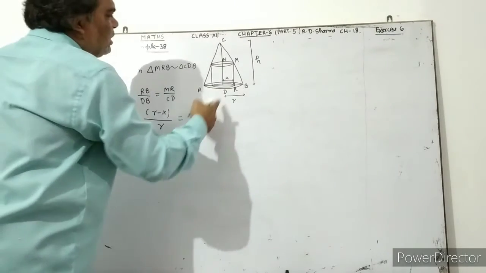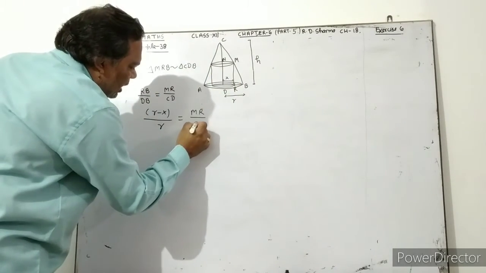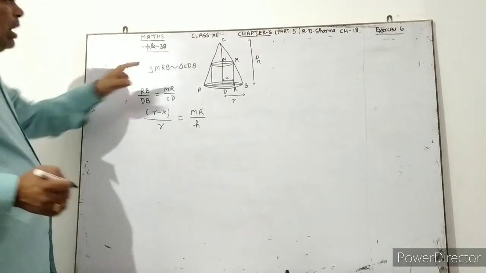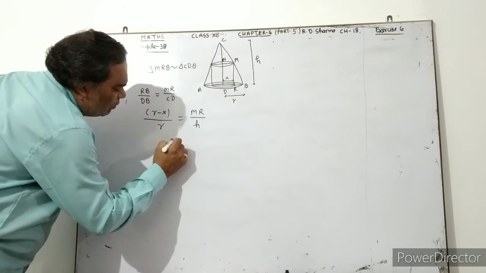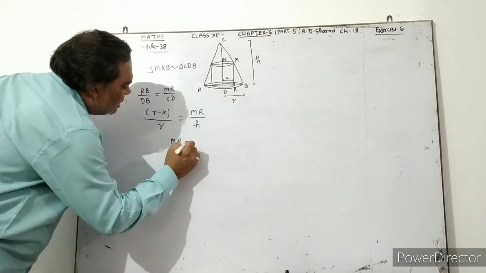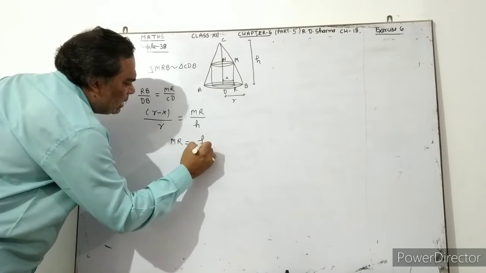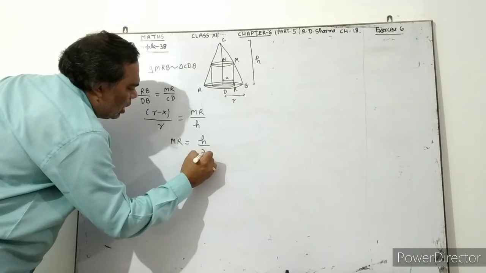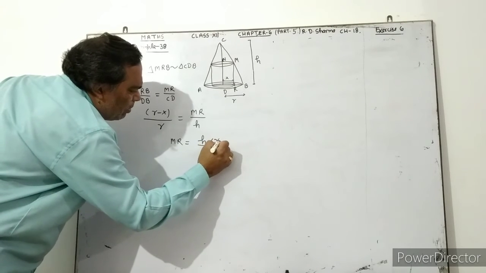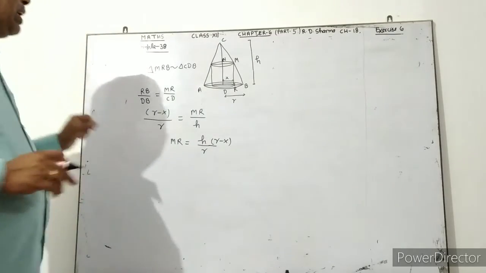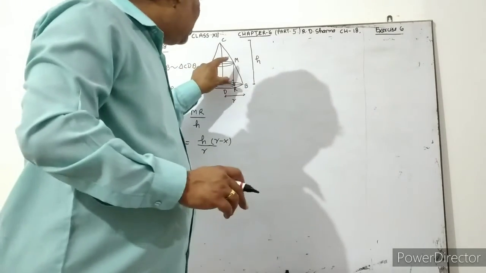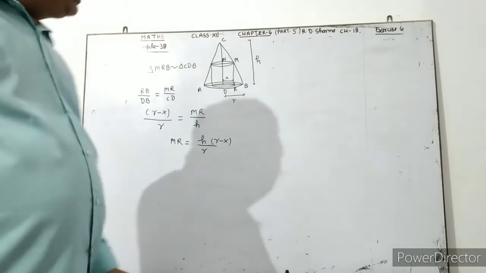The value of the CD is the height. This is the height. Now, MR. What is the MR? MR is the height of the cylinder, and this is the H upon R, and R minus X. This is your MR. MR is the height of the cylinder.